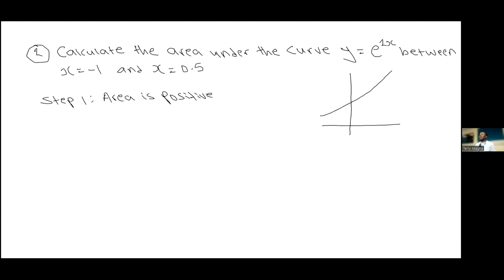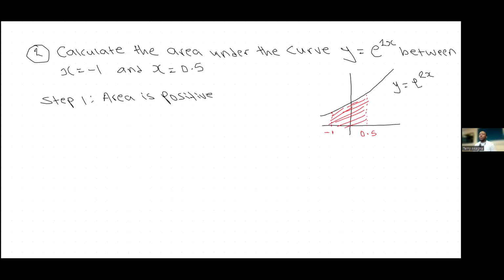We're interested between minus 1 and 0.5, so let's assume this point here is minus 1 and this point here is 0.5. We're interested in this area bounded between them, and the curve here is y is equal to exponential 2x. All right? So good.